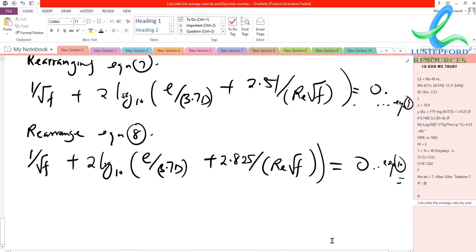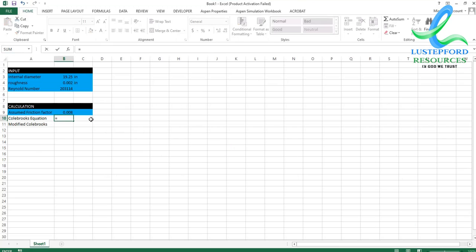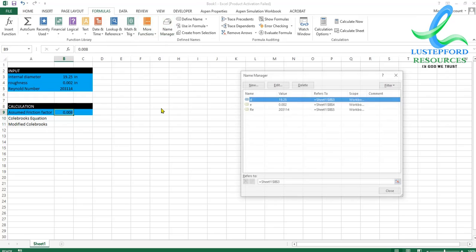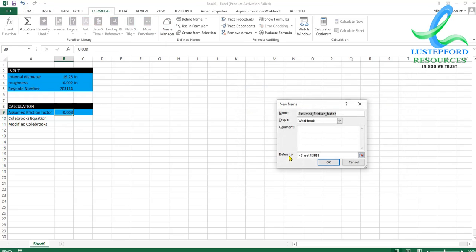So using this now, let's go back to Excel. So this should be equal to 1 divided by the square root of, okay, before I proceed, let me name this B9.